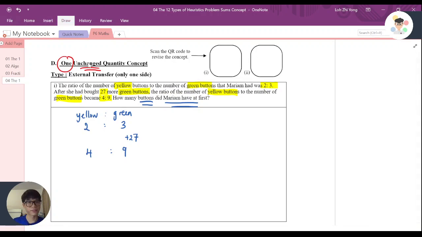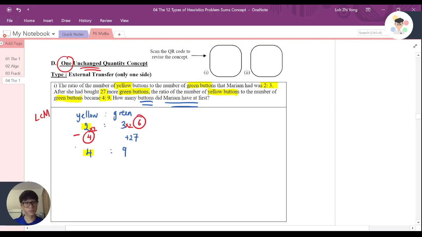So this yellow we have here, 2 and 4, should be the same. That's why what we need to do is to make it the same. For 2 and 4, we need to look for the lowest common multiple, and in this case, of course, it is 4. So we will times 2 here to make it 4. And of course, if we times 2 here, we need to times 2 here, and it becomes 6.